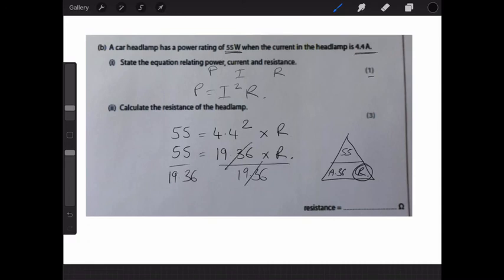So these have cancelled, leaving me R is equal to 55 divided by 19.36, and that comes to 2.8409, which I'm going to round up to 2.8 ohms is the unit that resistance will be in for my final answer.